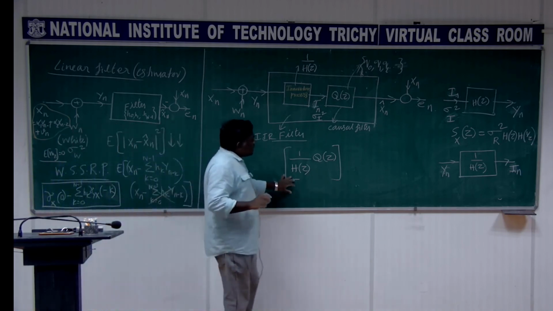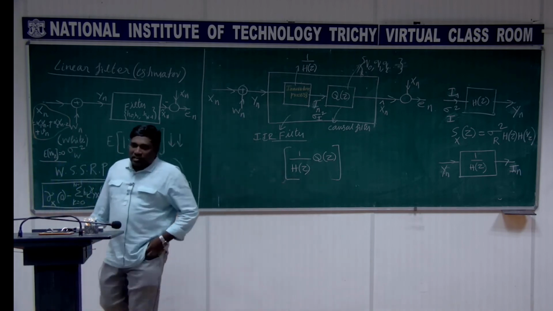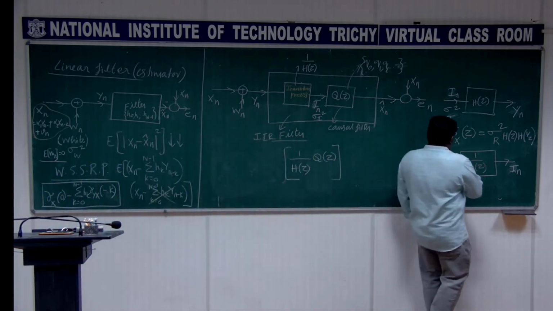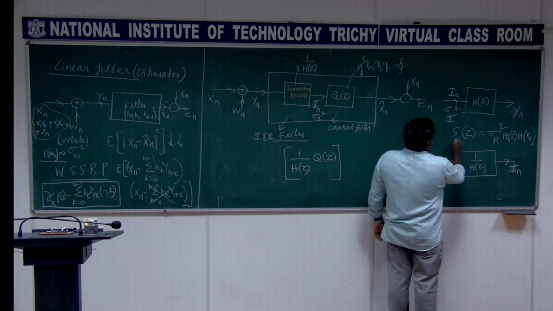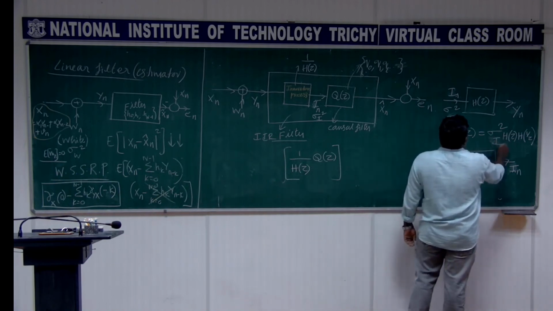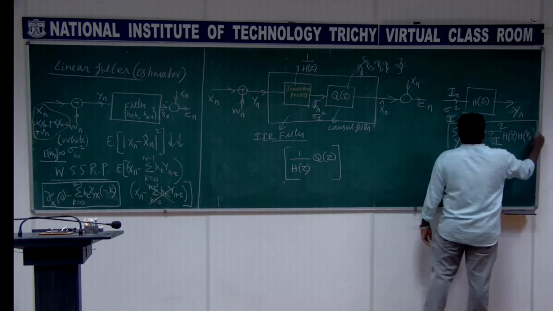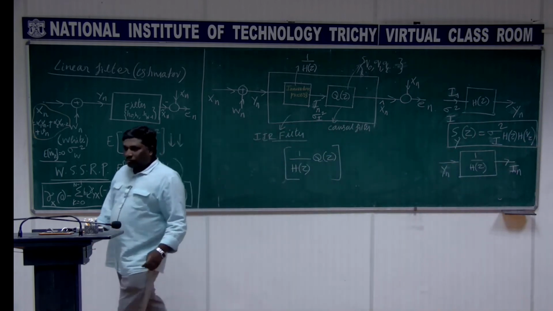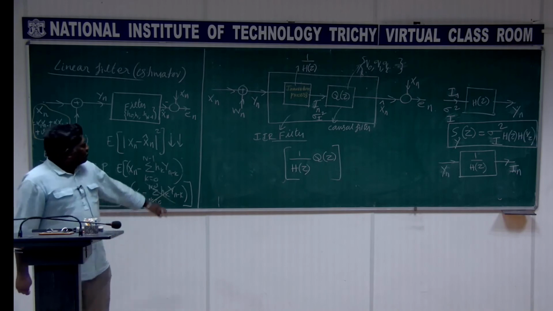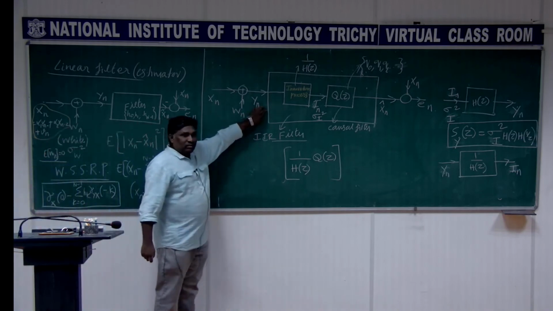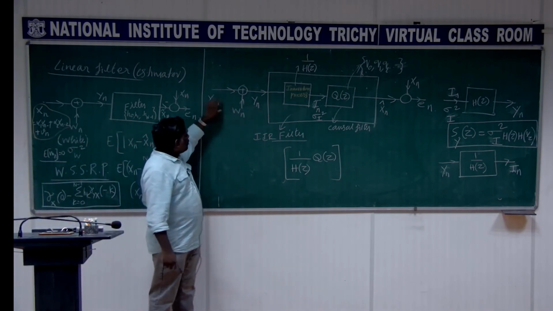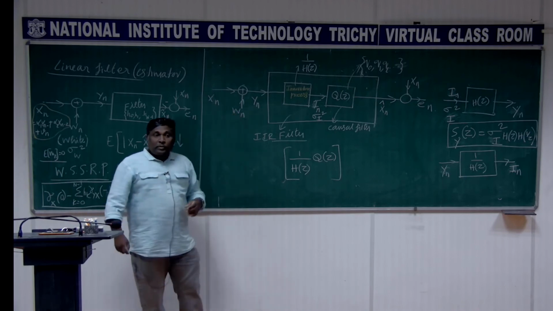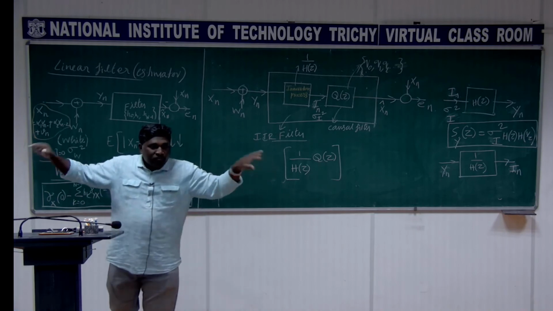1 by H(z) is very straightforward. The reason is, you know the spectral density of this one, Sy, I'm sorry, this is Sy. If I know the spectral density of y, Sy(z), the spectral density of y is simply the spectral density of x plus the spectral density of w. Spectral density of w is flat, constant.